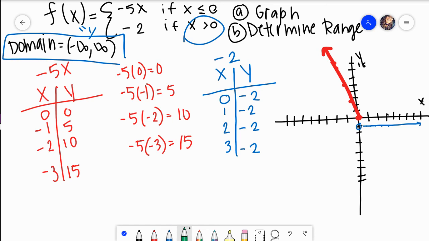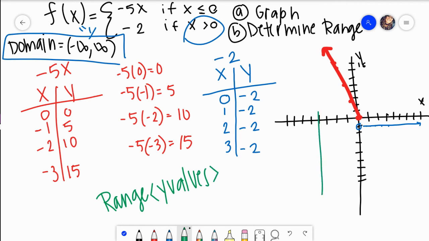Now my range, that's my y values. So I read that starting here and going up. Okay? If you start there, you notice the first thing you come to is a point. Is actually a point on the y-axis that is -2.